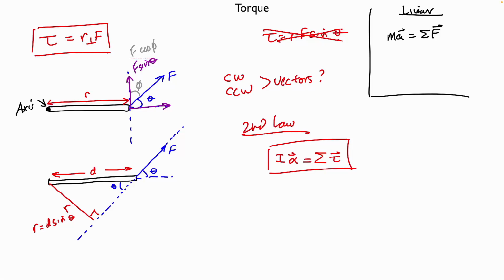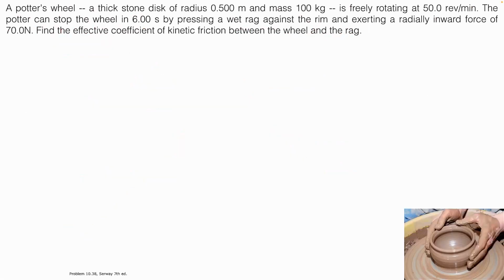So I've got an example here of how we apply all of what I just told you about, like r perpendicular to F and sum of torques and Newton's second law, all that kind of stuff. And we're going to do the example of a potter's wheel. I don't know if anybody's ever done this. It's kind of fun. It's like playing in the mud, but for adults. So I've got a little picture of it down there.